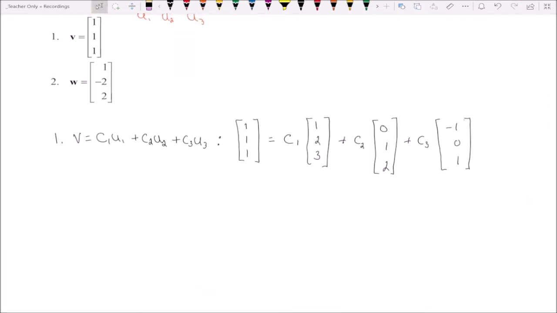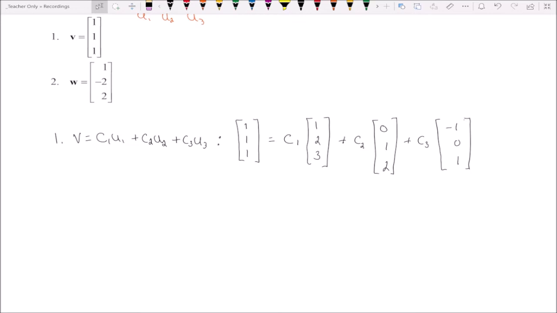This would mean that c1 minus c3 has to be 1, 2c1 plus c2 has to be 1, and 3c1 plus 2c2 plus c3 has to be 1. This is a linear system.